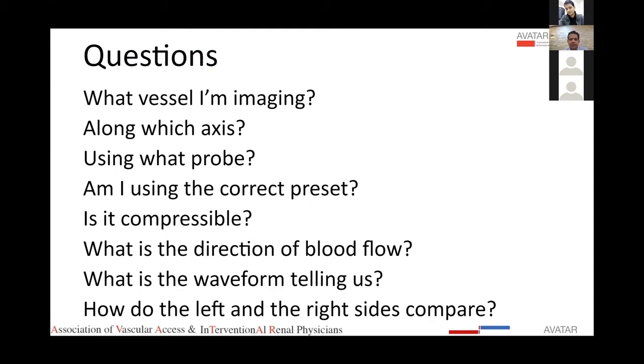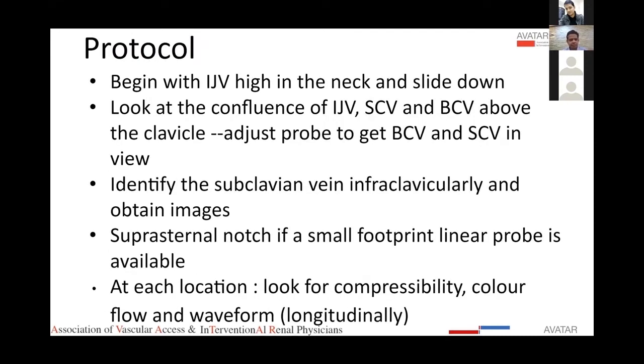And then we look at spectral Dopplers like Dr. Adil just showed, and it will tell us how well the central veins communicate with the heart and with the thorax. Then we compare the left and the right sides, and this helps in localizing the site of the pathology: how much of the effect is on the left, how much on the right.